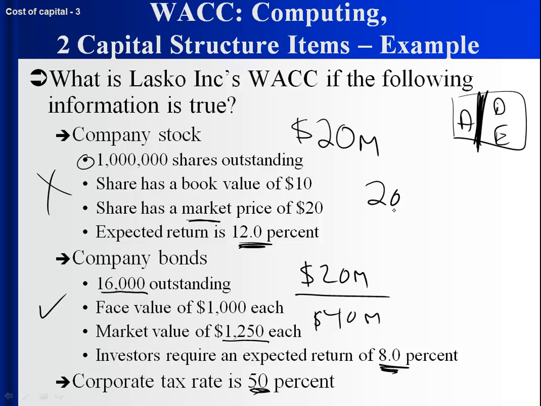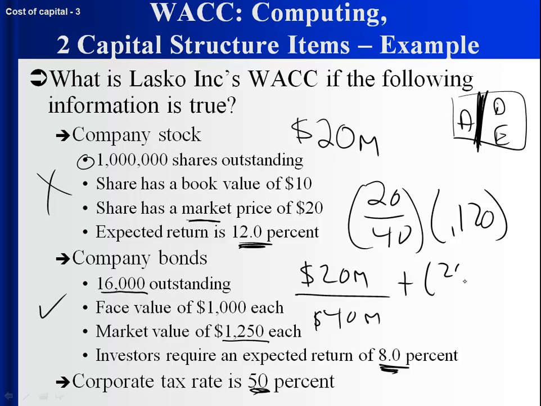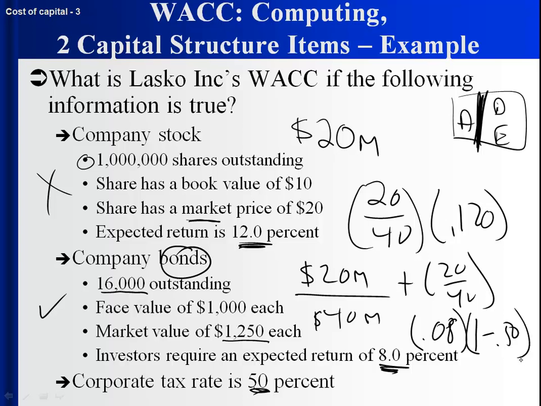So 20 of the 40 is in the form of equity, which has an expected return of 12%, plus 20 of the 40 is held in bonds, which has an expected return of 8%, but because they're bonds, they're debt, there's tax benefits, so the cost to the firm is only half of that.